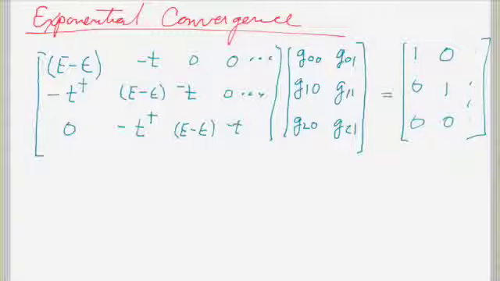The equation resulting, let's look at the very first row. So I've got E minus epsilon acting on the 0th column.